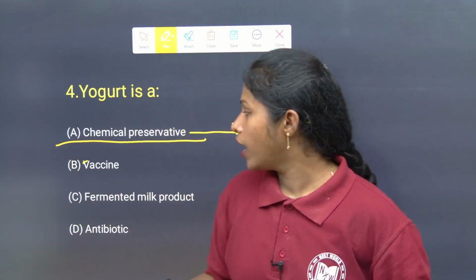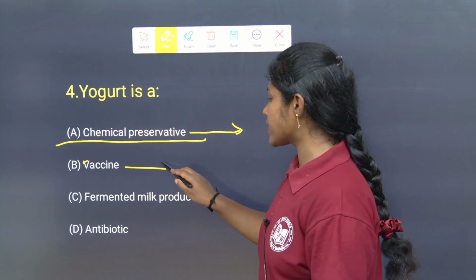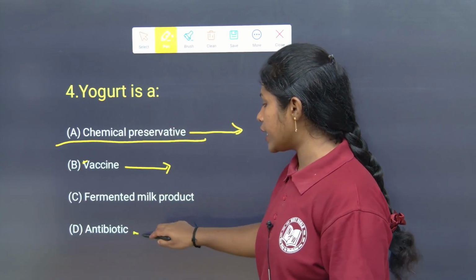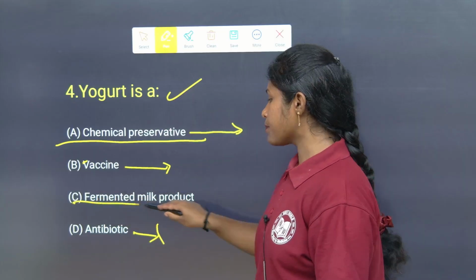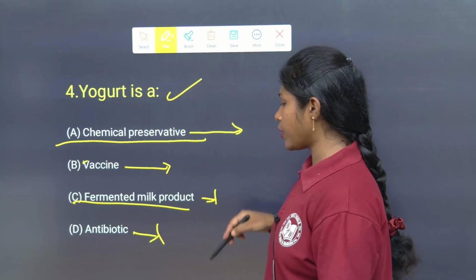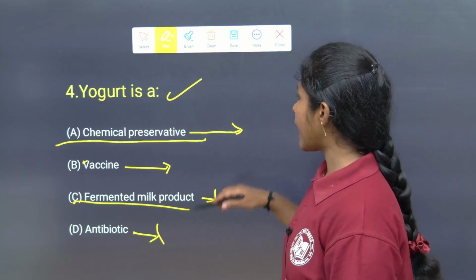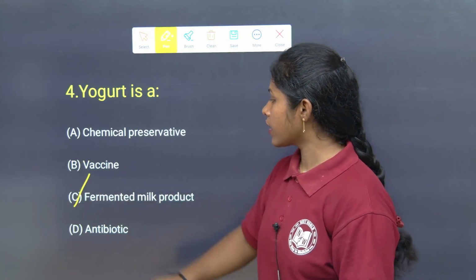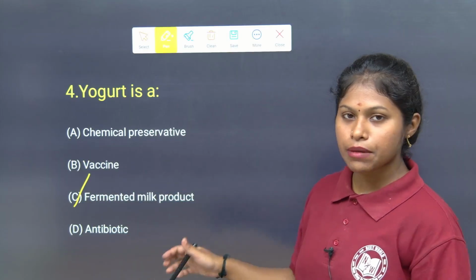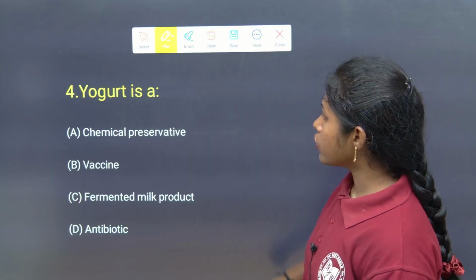It is not a vaccine, children, and not an antibiotic either. Yogurt is a fermented milk product. Is it acted upon by fungi or bacteria? Bacteria, not fungi. Coming to the next question.